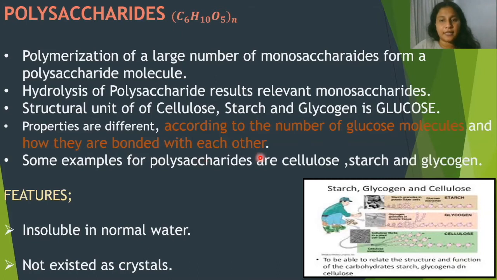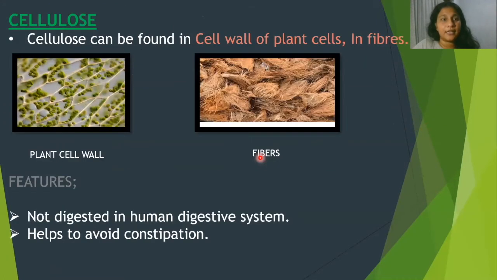Okay, and then the next one, cellulose. Cellulose can be found in the cell walls of plant cells and in fibers, like coconut fibers. Its features are that it is not digested in the human digestive system and helps to avoid constipation.